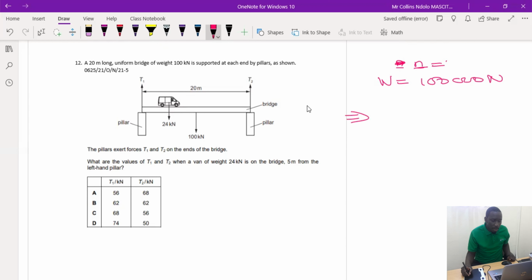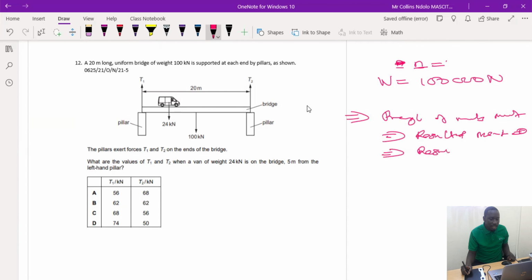Condition number one is that the principle of moment must apply. What does that mean? It means that the resultant moment must be zero. Another condition is that the resultant force must also be equal to zero.